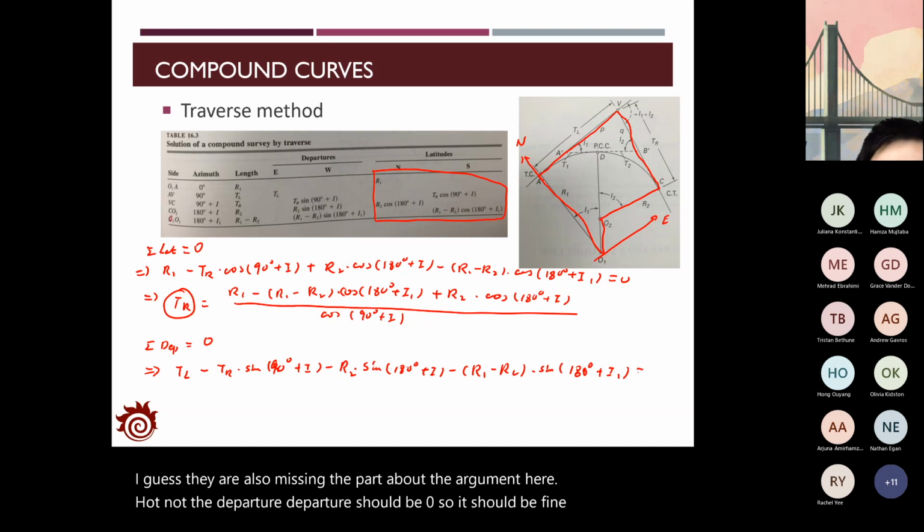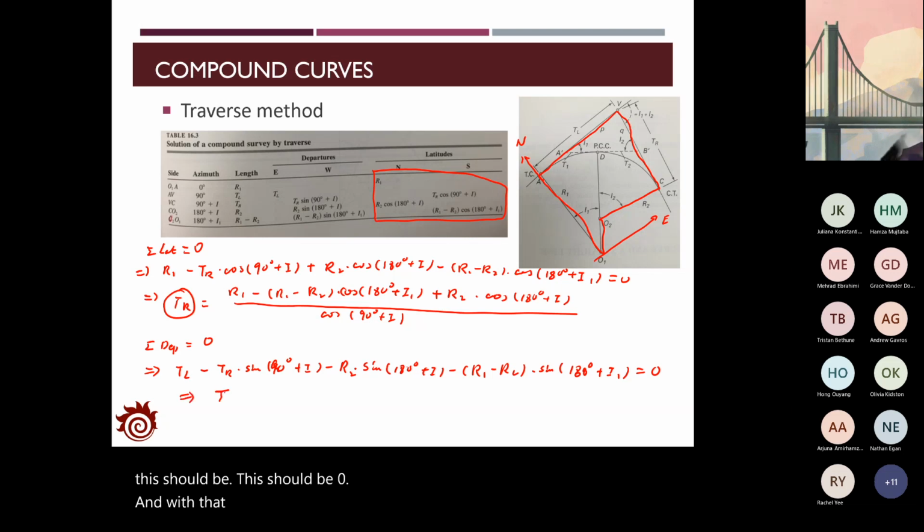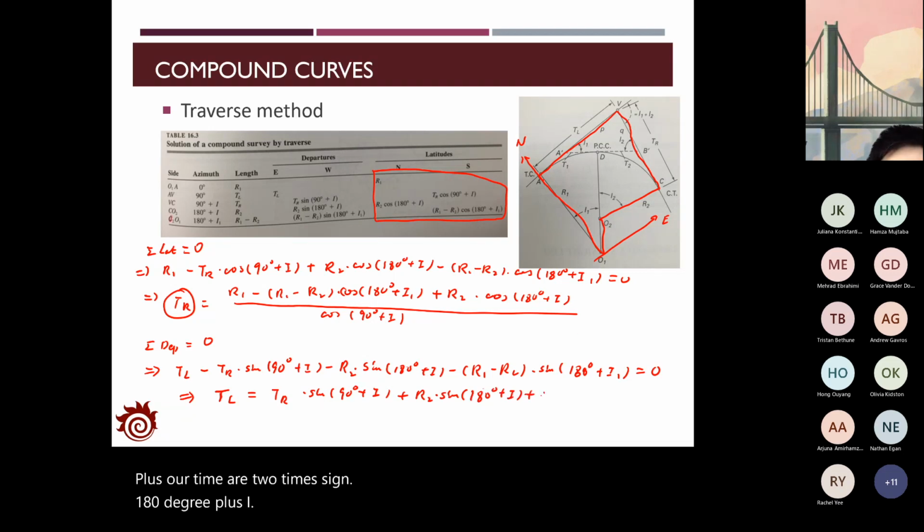So this should be 0, and with that you can calculate the value of TL, which will be TR times sine 90 degree plus I, plus R2 times sine 180 degree plus I, plus R1 minus R2 times sine 180 degree plus I1.